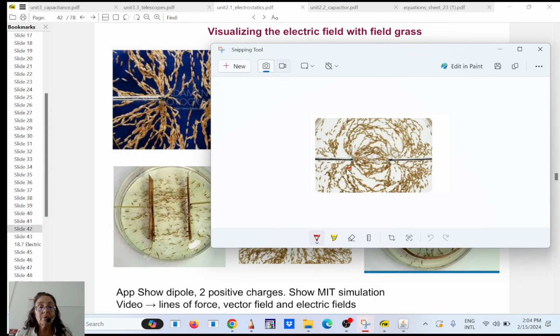Okay? So let's see if we have... I have to take this one. So it's a little bit messy here. You do 1.5.